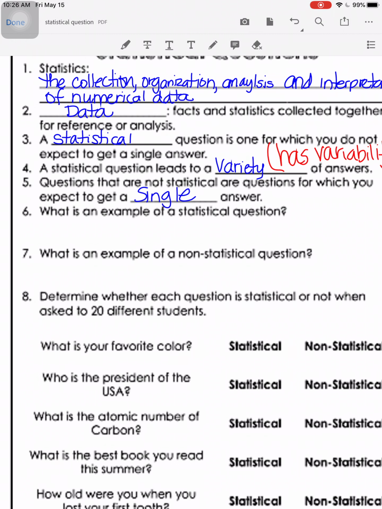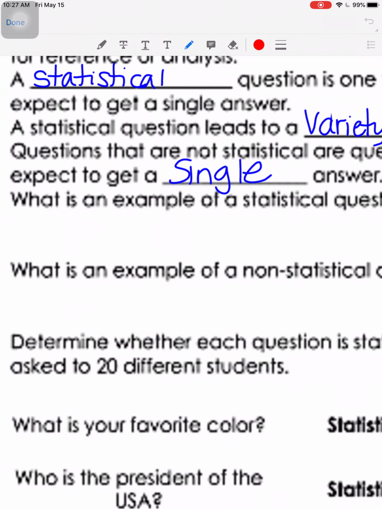So they want us to write an example of a statistical question. The example I'm going to use is, what size shoe do each of you wear? If I ask that question to a certain number of people, they are not likely to give me the same response. So that means that question is statistical. Let me write it really quickly.